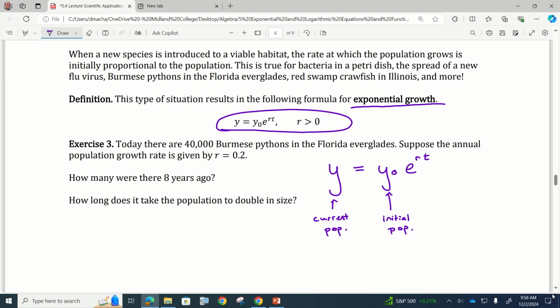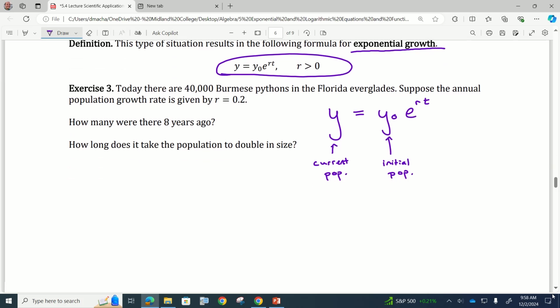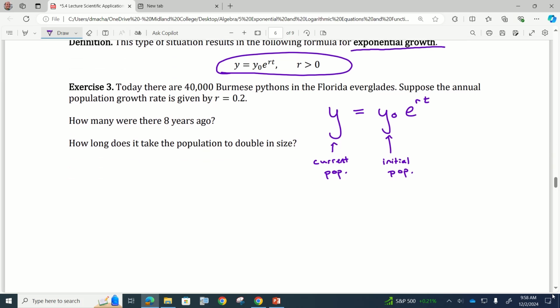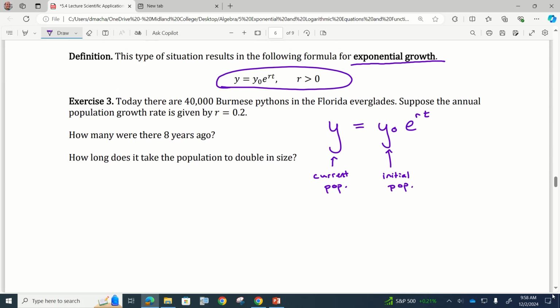And R is an exponential growth rate, and T is the amount of time that's passed. So in this example, we're asking how many pythons were there 8 years ago?